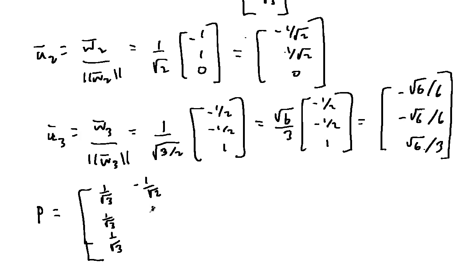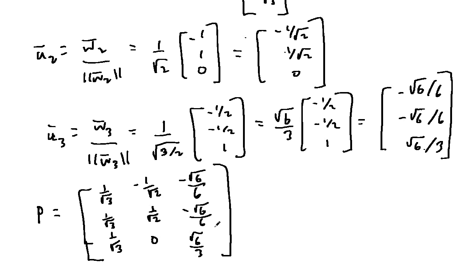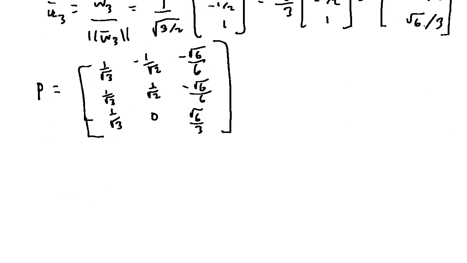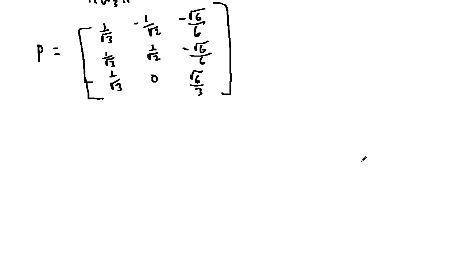Second column. And the third column. Okay, P is an orthogonal matrix. P is orthogonal.